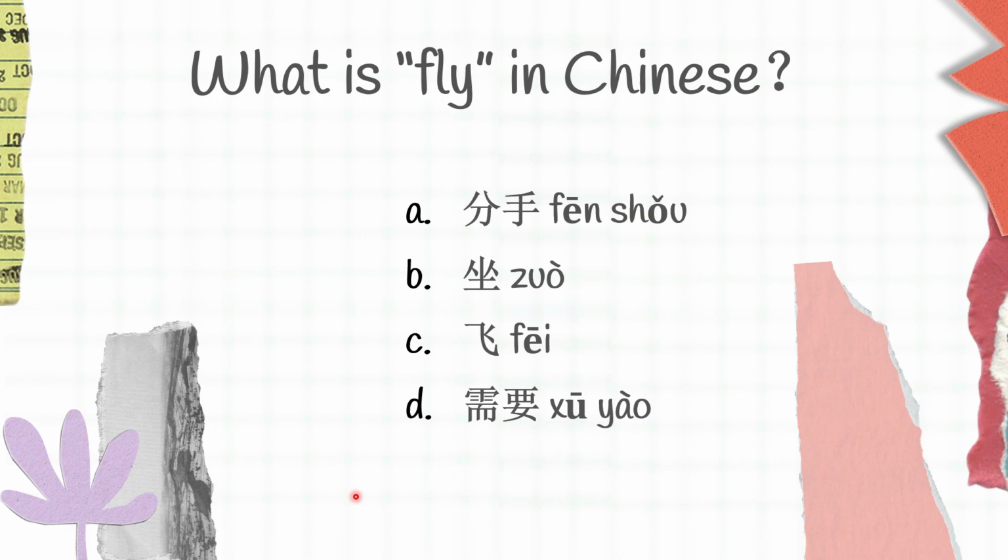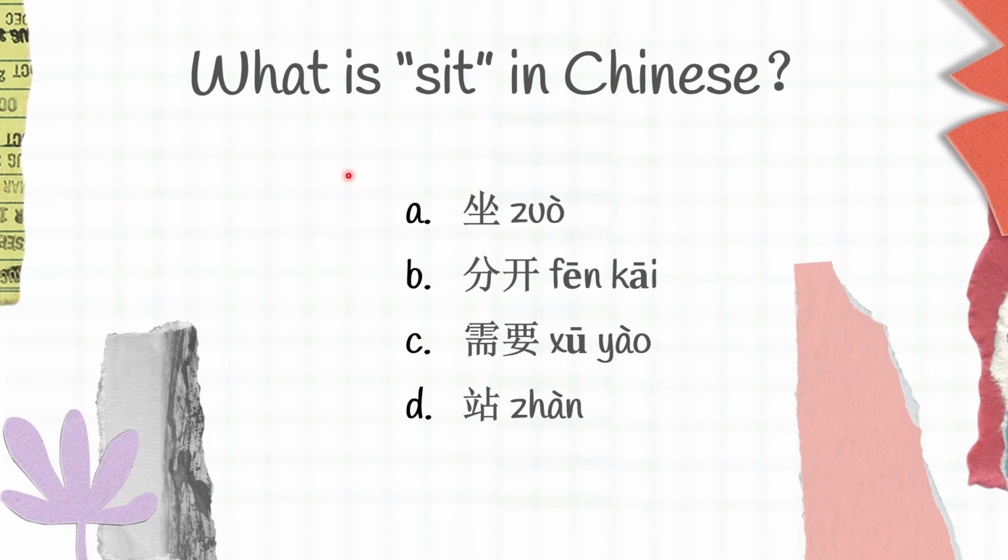So which one do you think is the right answer? 分手 is break up, 坐 is sit down, 飞 is fly, and 需要 is need. So fly in Chinese is 飞.